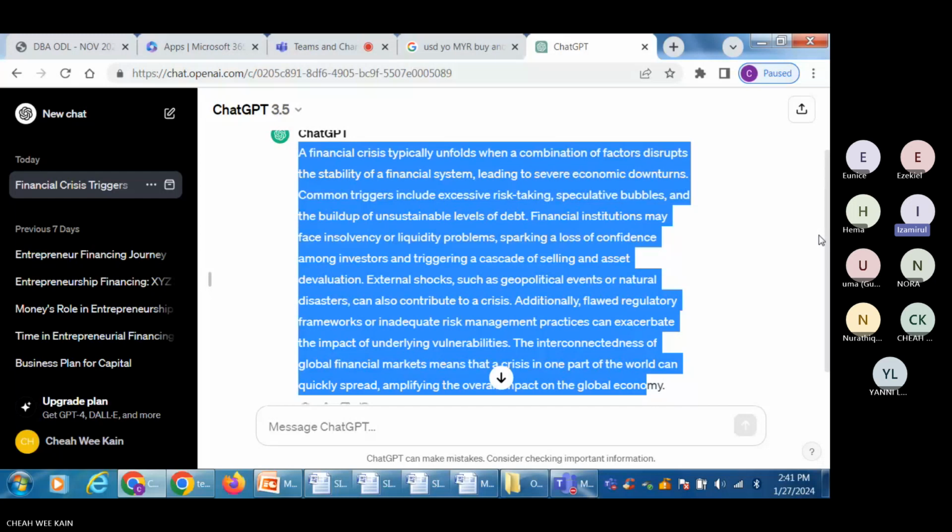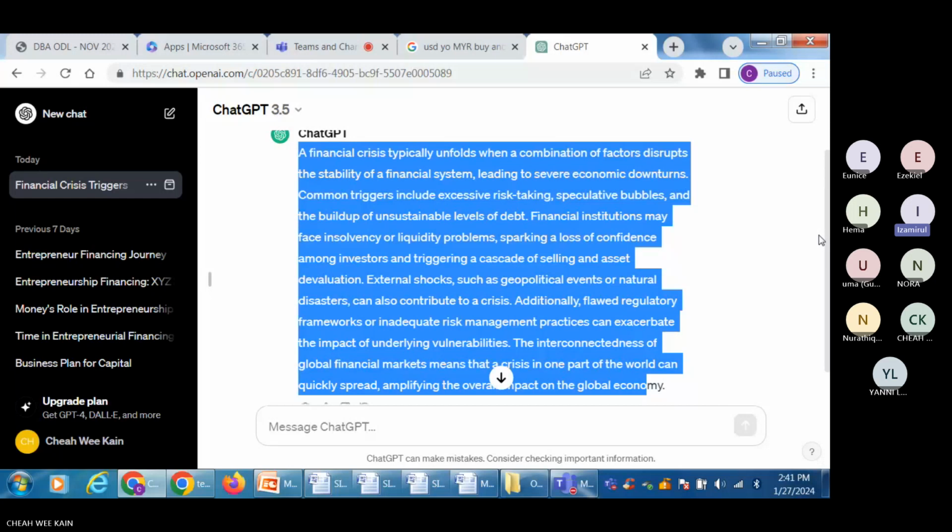Financial institutions may face insolvency or liquidity problems, sparking a loss of confidence among investors and triggering a cascade of selling and asset devaluation. External shocks such as geopolitical events or natural disasters can also contribute to a crisis. Additionally, flawed regulatory frameworks or inadequate risk management practices can exacerbate the impact of underlying vulnerabilities.